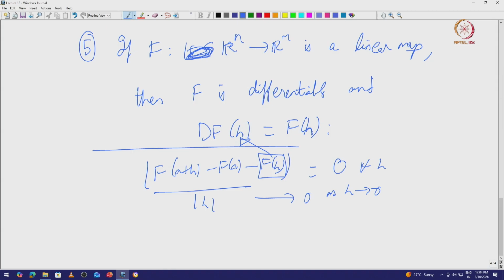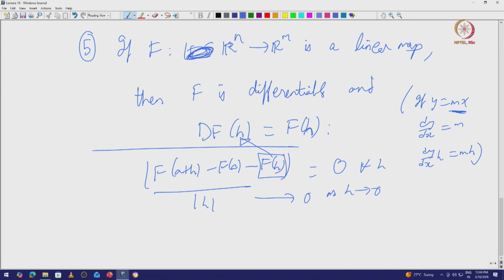This is the analog of saying if y equals mx, dy/dx is m. So dy/dx times h is mh, which is basically this function acting on h. So in that sense, the derivative of a linear map is itself.